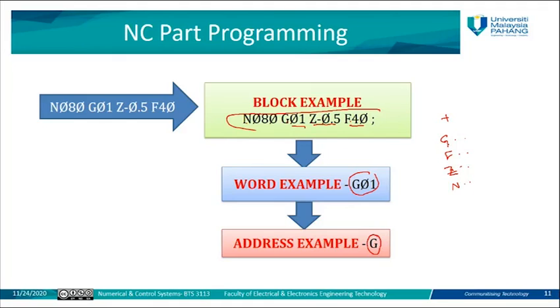To differentiate between G01, G02, G03, each G with a number has its own definition or explanation. For that, we say this is a low-level language. The machine understands this code, but programmers need to use the list of codes to explain what we mean by G01, what we mean by G02, and so on.